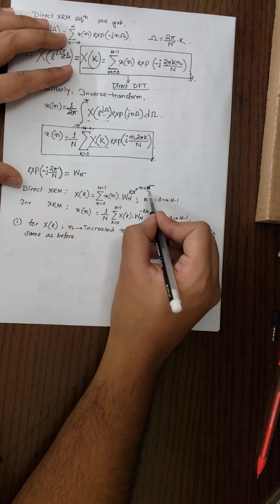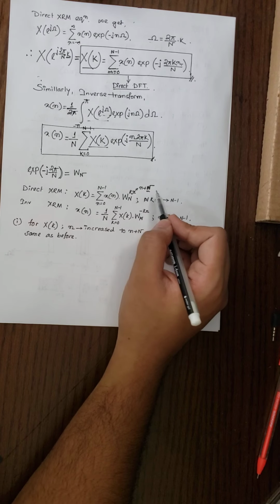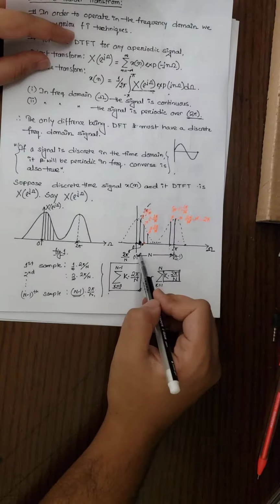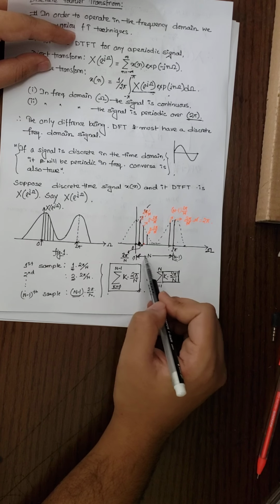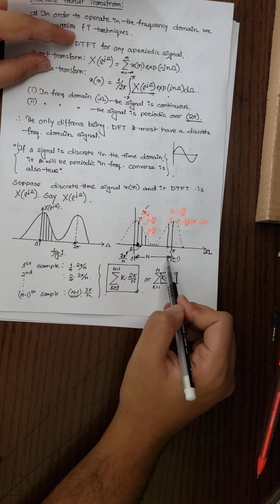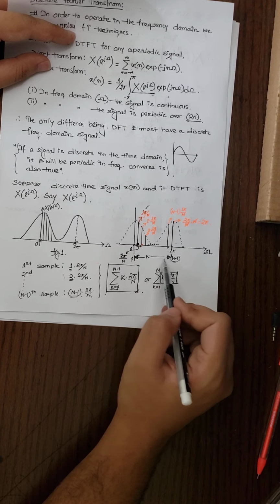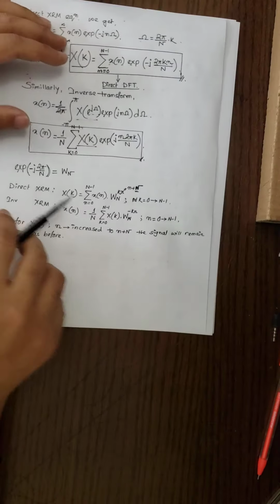Because N is our fundamental period of samples, as shown earlier over here. One period of the signal will contain N number of samples.